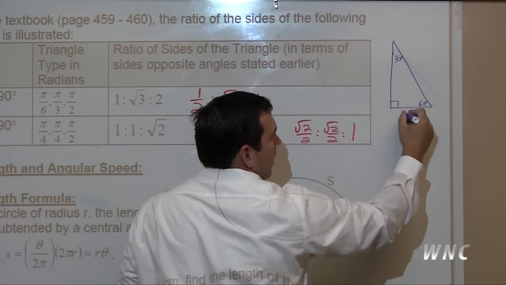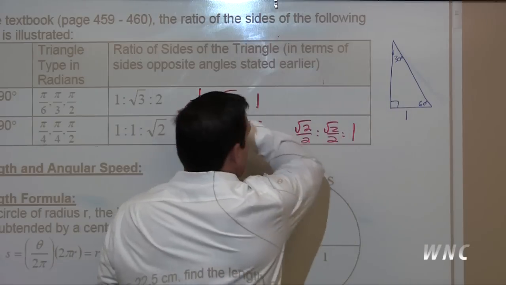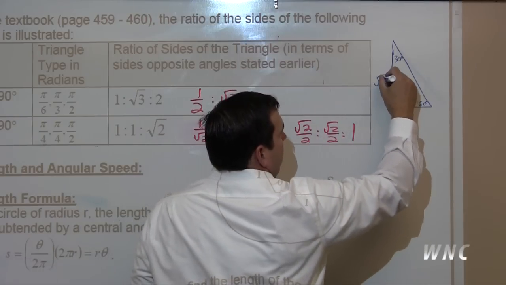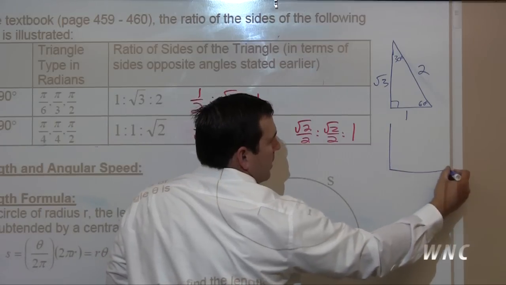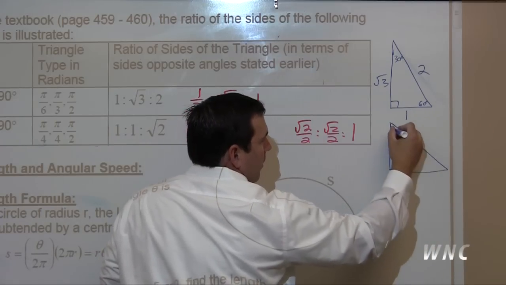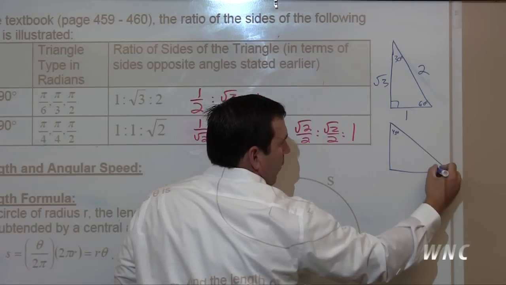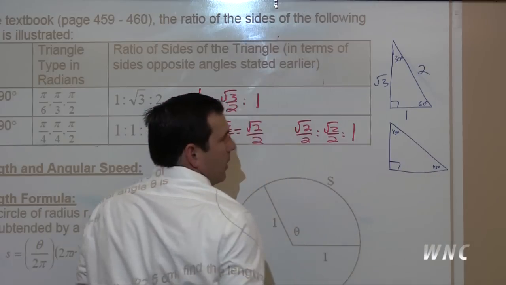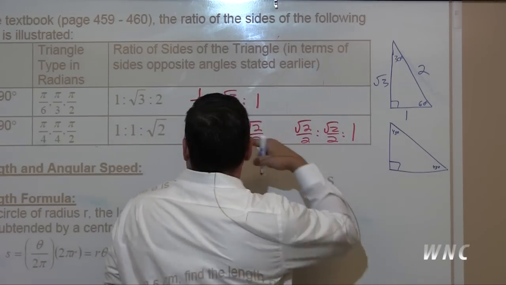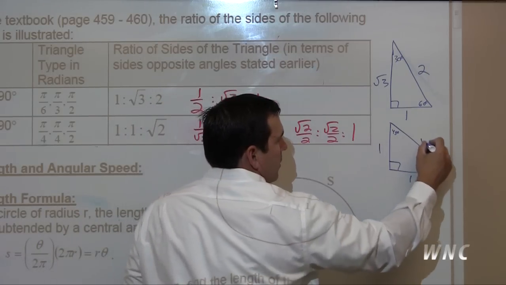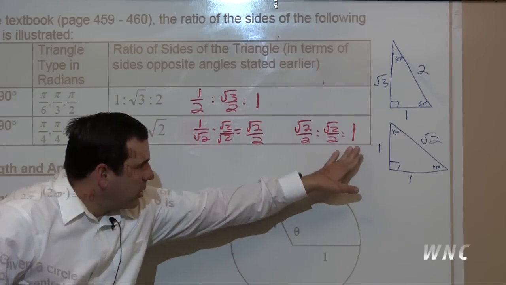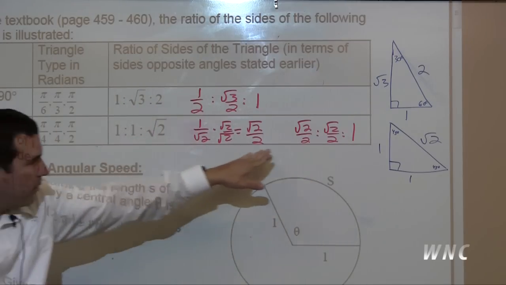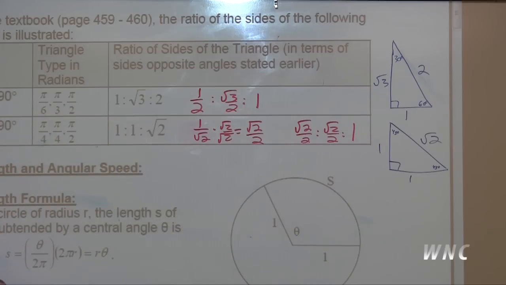So the ratios would be 1, square root of 3, and 2. Whereas in the second case, we're talking about 45 degrees, and there's your 90-degree angle. So this was showing the ratios of 1, 1, square root of 2. I do want to stress, though, that this ratio is the same as that. We just divided every term by square root of 2.